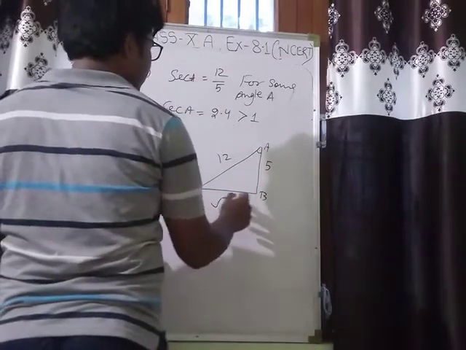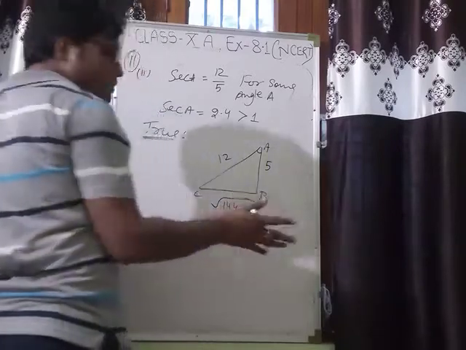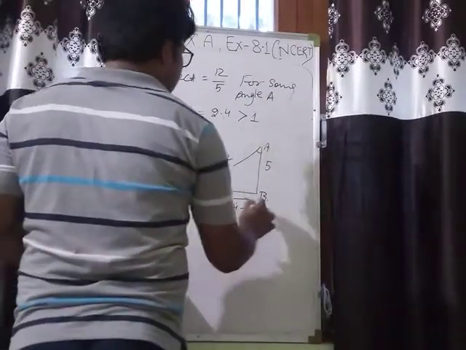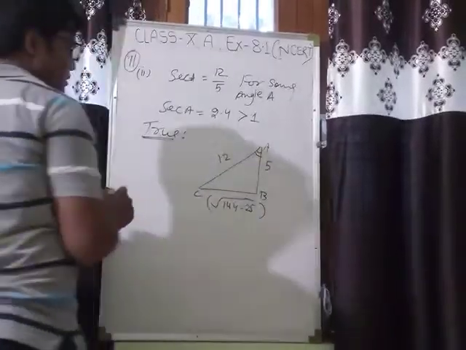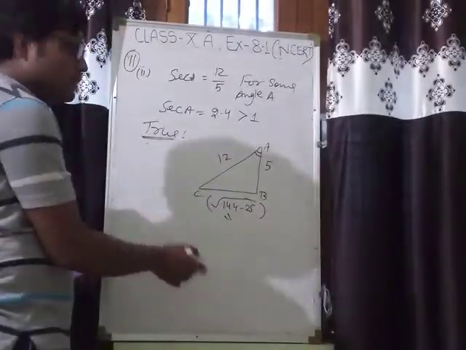So the other side will be the square root of 144 minus 25. Whatever it becomes, no matter. So in this case, it is possible to find this, it will be some real number.